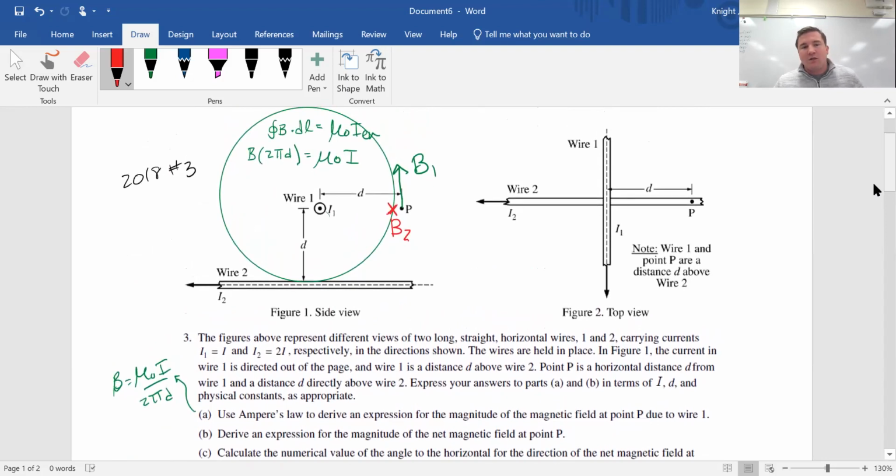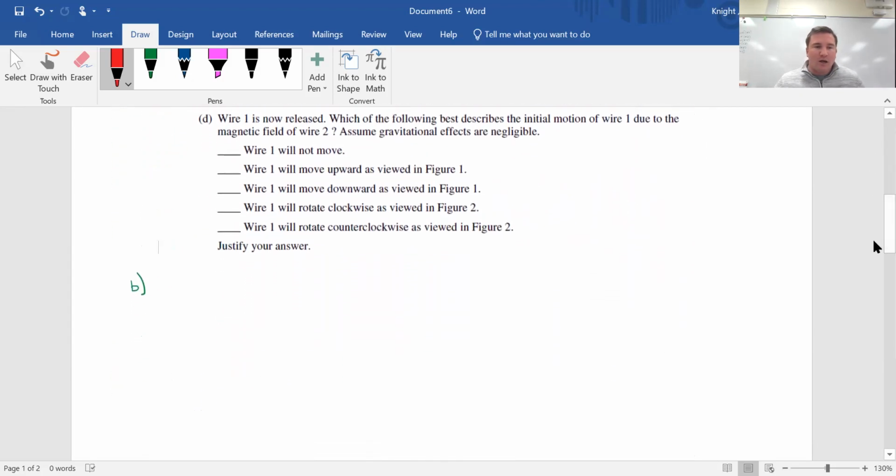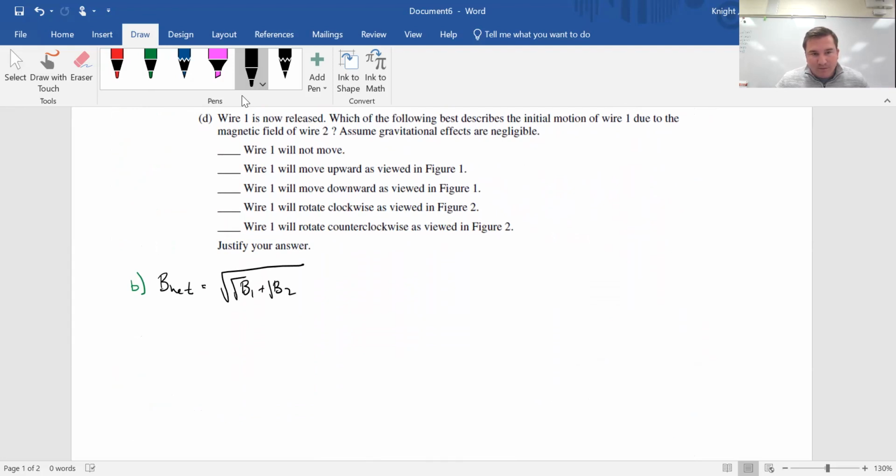So B2 is just 2 times B1, twice as big. So we're going to use the Pythagorean theorem to find the net magnetic field. It's going to be the square root of B1 squared plus B2 squared, right?